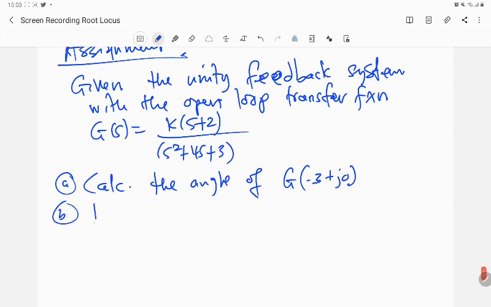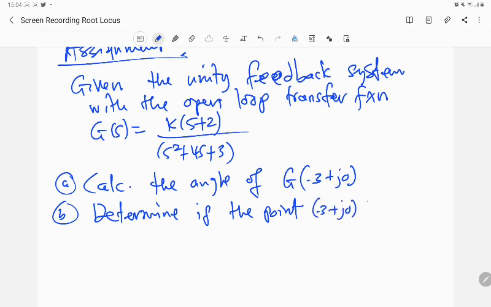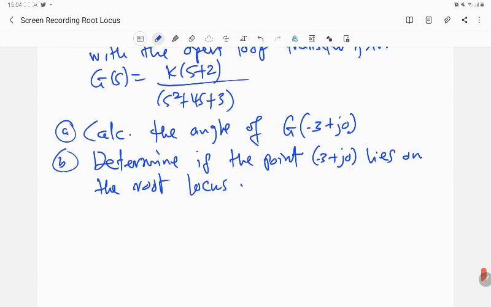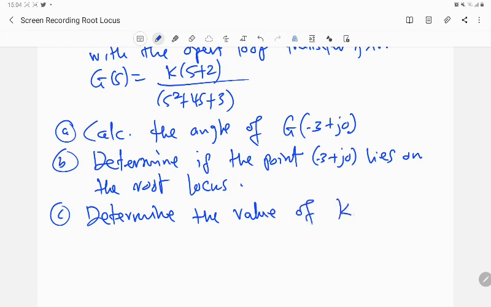B, you are to determine if the point minus 3 plus j0 lies on the root locus, and if it does lie on the root locus, then C, you are to determine the value of K at that point.